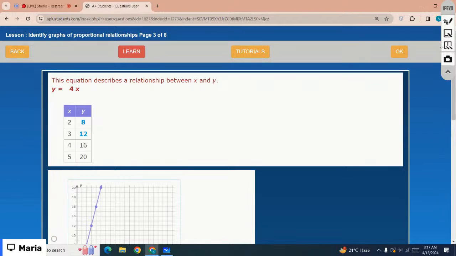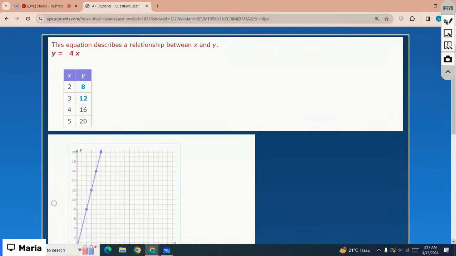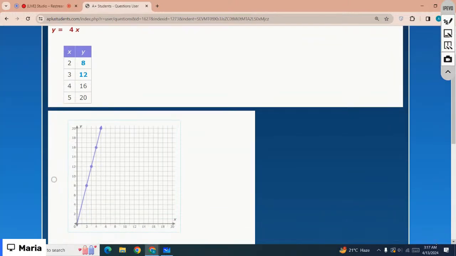The equation describes the relationship between x and y. X is 2, y is 8. X is 3, y is 12. X is 4, y is 16.